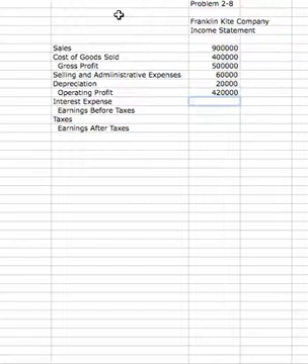Then we've been given our interest expense of 40,000. And earnings before taxes then would be our operating profit minus interest expense, $380,000. Okay.